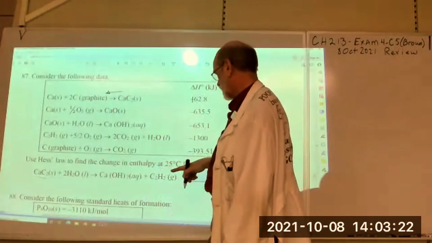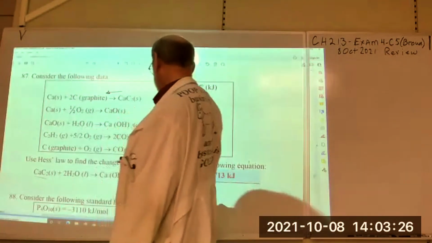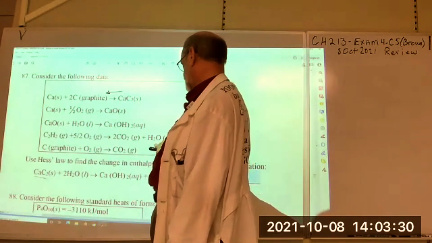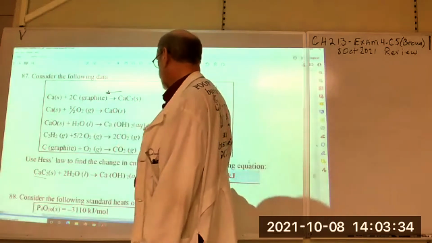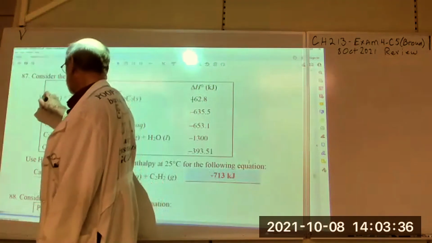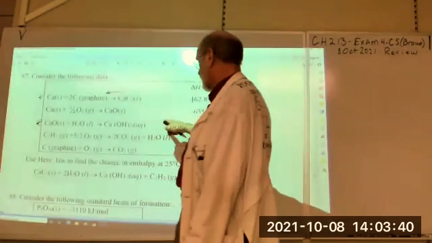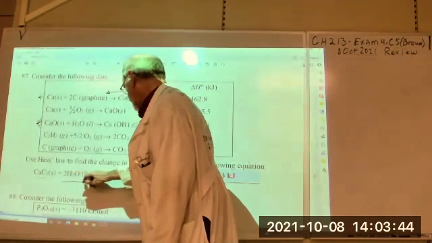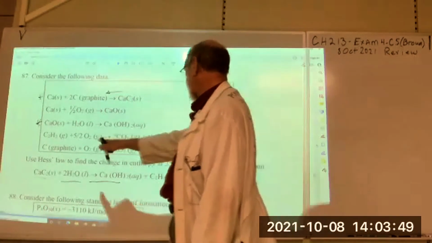How about water? There's water. Is there any other water? There's water here. Calcium hydroxide is correct on that side. So we got this one, and we got this one. Calcium hydroxide and the water. How about acetylene? There's acetylene.